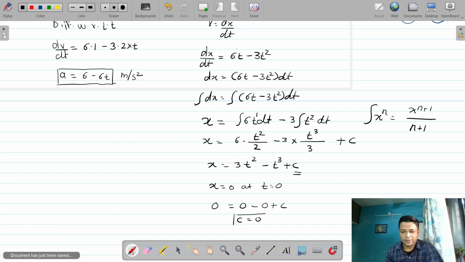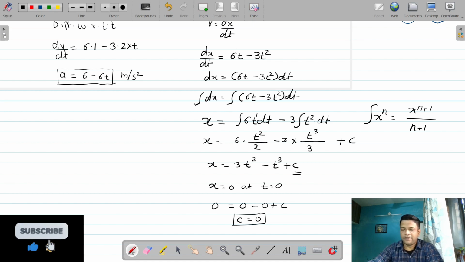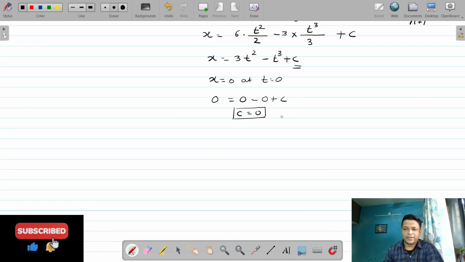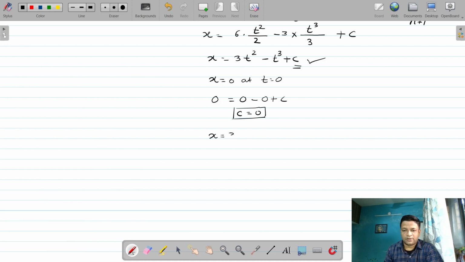You can put this value in the previous equation. So x is equal to 3t square minus t cube, and c is equal to 0. This is our next equation for the value of x.